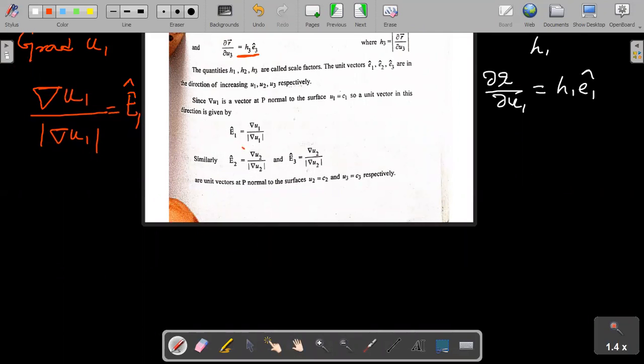Similarly, we will have the normal vector along U2: gradient of U2 over magnitude of gradient of U2. Again, gradient of U3 over magnitude of gradient of U3. So this is E3 cap.